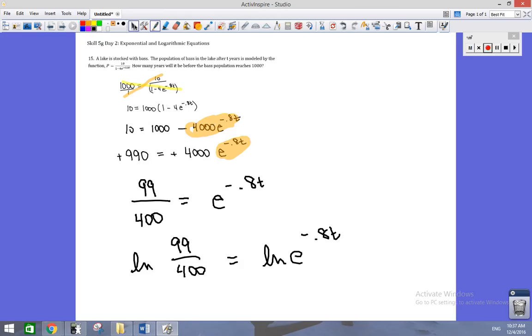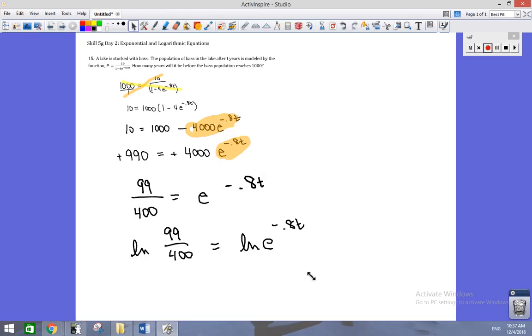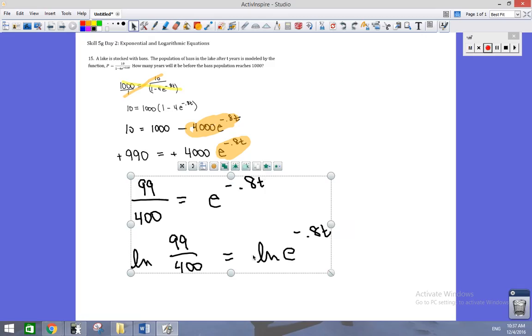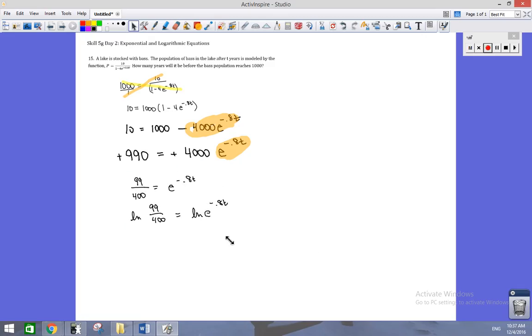I'm going to put my variable on the left, I do it out of habit. Using the power rule, this negative 0.8t comes down. The natural log of e is just 1. And I've got the natural log of 99 divided by 400.